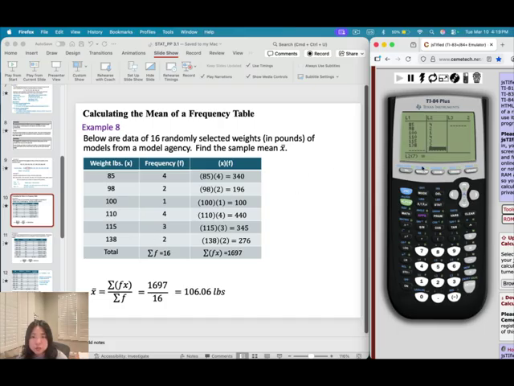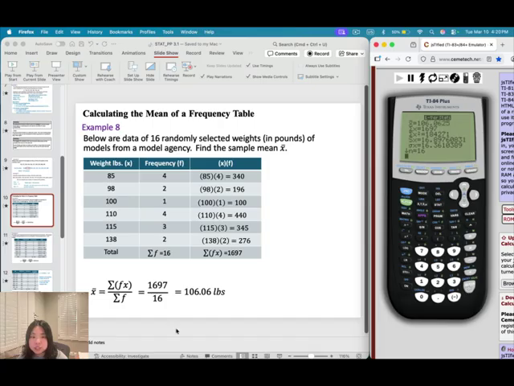Make sure they have the same number of data. Now I'm going to click on STAT, go to CALC, click on number 1, 1-Var Stats. So my data set will be on L1, so put L1 for the list. Frequency will be L2, so second L2. And then go to Calculate.